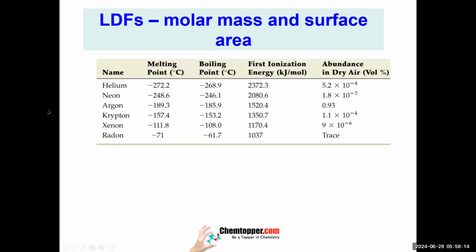Okay, can you explain this trend here? What is happening to the melting point and boiling point as you are going from helium to radon? What is happening? They all are gases. Okay, give the reason. What kind of IMF are there?